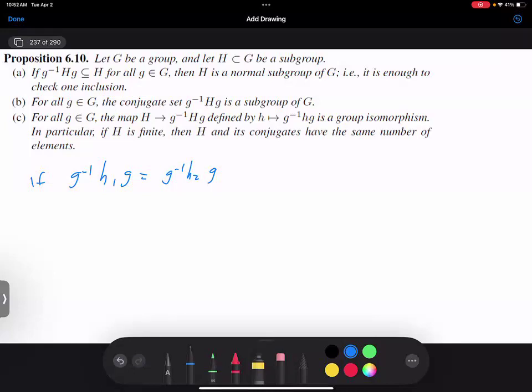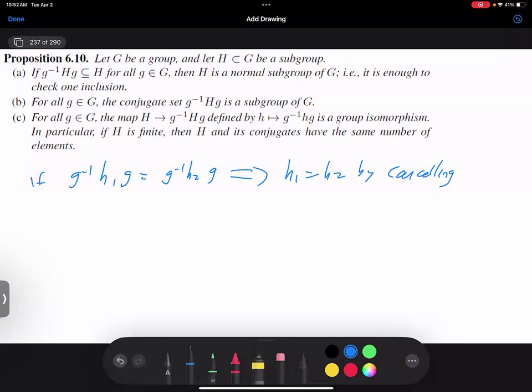Well, wait, we have to prove that it's a group isomorphism, right? And so, do you think g inverse h1 g could equal g inverse h2 g? Yeah. That would imply h1 equals h2 by canceling. We have a group. We can multiply on the left by g, we can multiply on the right by g inverse. So this is how you'd prove injectivity.